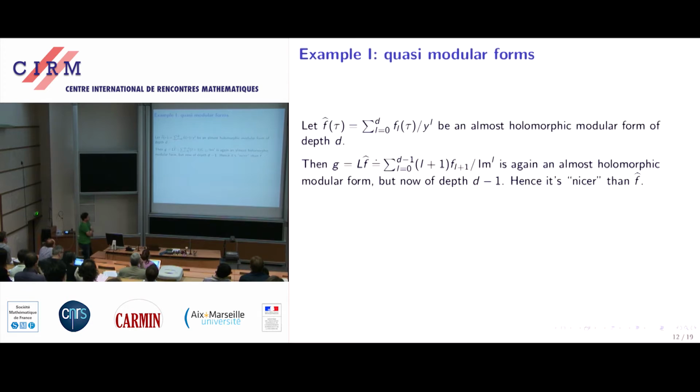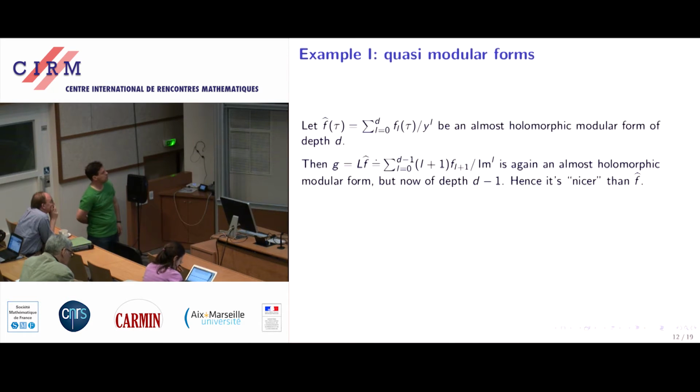Yeah, you can guess why, because then it exactly fits. So what happens if you apply the Maass lowering operator to this? It's just taking the derivative. You can just do it immediately, explicitly. It's a really easy exercise. But if you look at the formula, what it means is you just take the derivative of the polynomial, basically. So you just take the derivative with respect to 1 over y. So what does that mean?